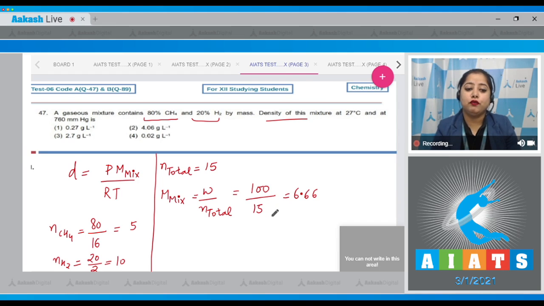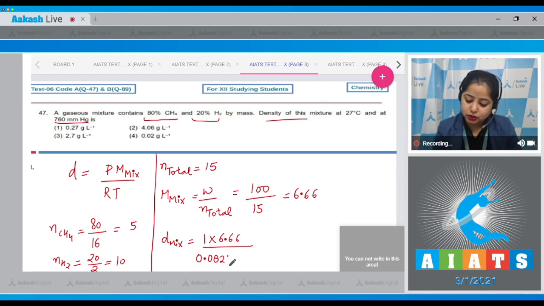Let's put the value of molar mass of the mixture in the first equation. So density of mixture is equal to pressure, which is 760 mmHg, that means 1 atm. So 1 multiplied by molar mass of mixture, which is 6.66, upon R. The value of R will be 0.0821 liter atm per Kelvin per mole.